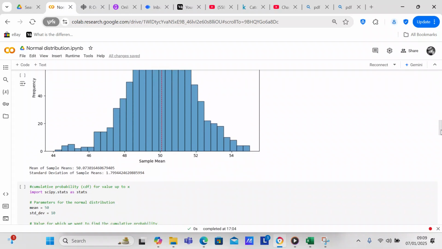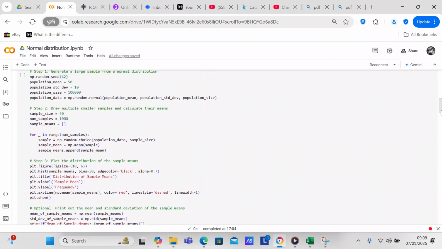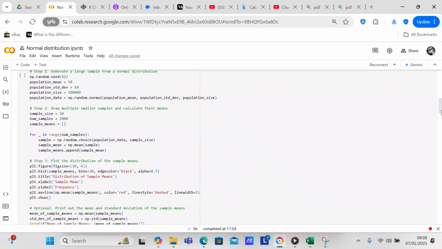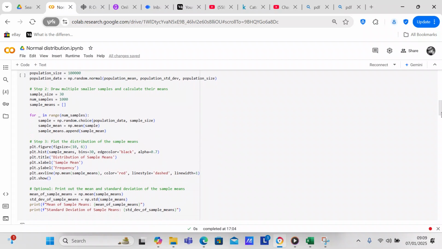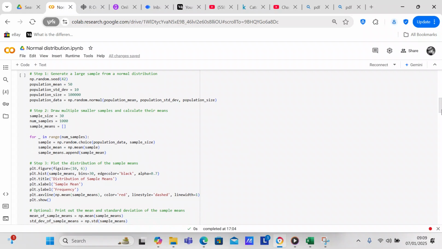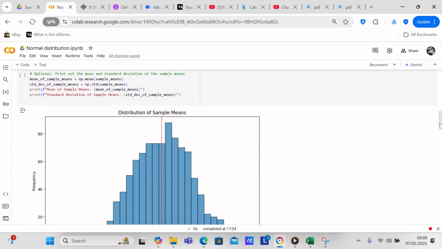So the mean of sample means is 50 and the standard deviation of sample means is 1.7. That was your standard deviation. The population standard deviation was 10, but it didn't give you a standard deviation for the samples. I guess it just developed that.